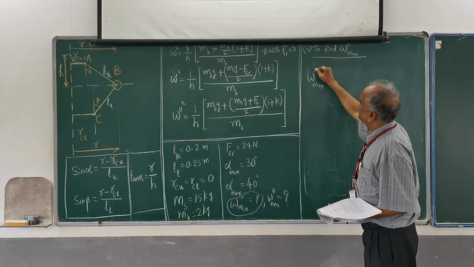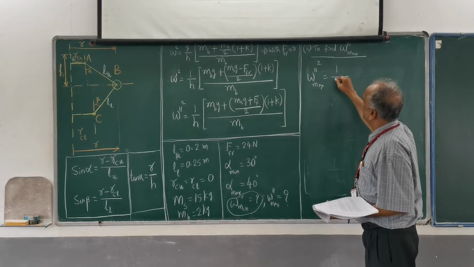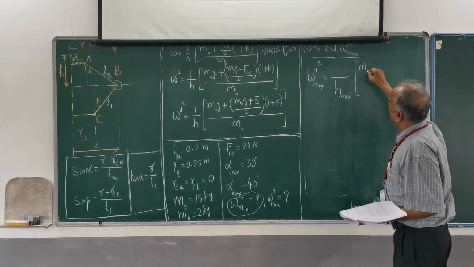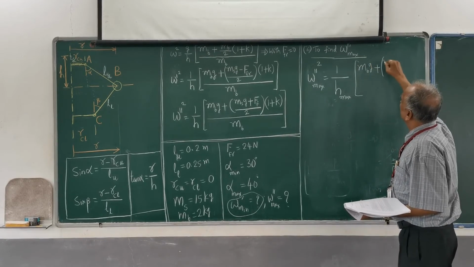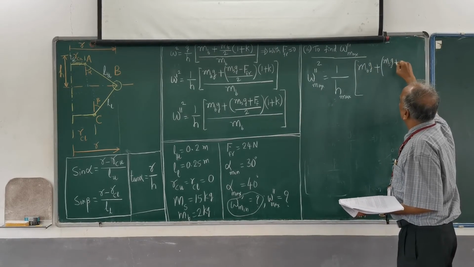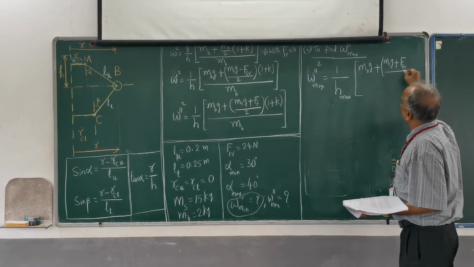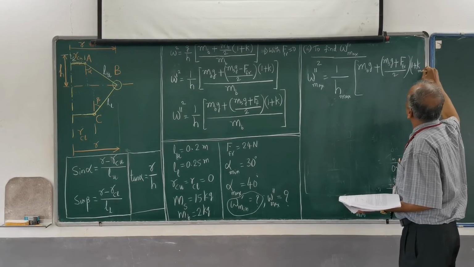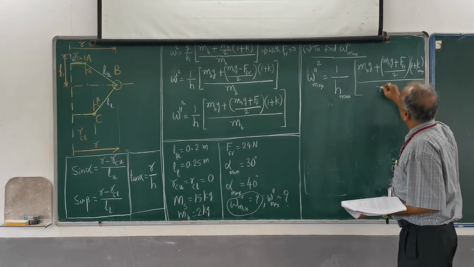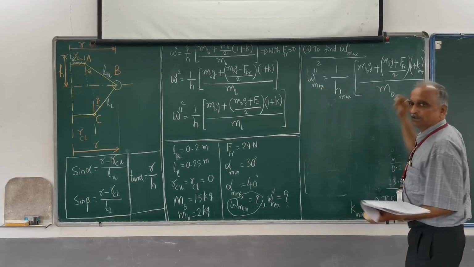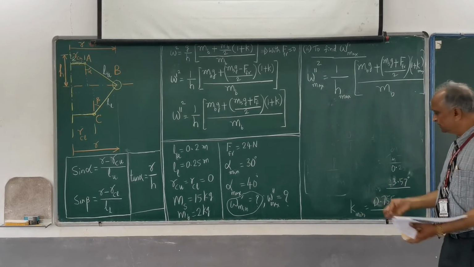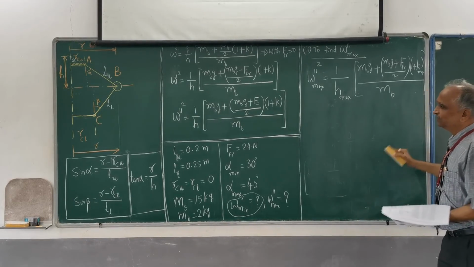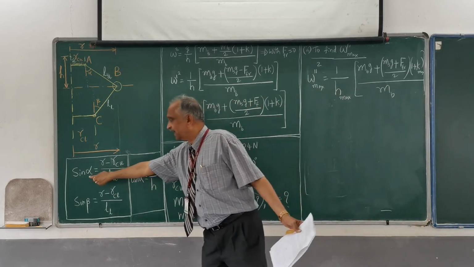Omega maximum double dash square is equal to 1 upon H max into MB into G plus MS into G plus the friction force, divided by 2 into 1 plus K max, the whole thing divided by MB. Here also there are only two unknowns, H max and K max. You can easily find them out making use of sin alpha max.